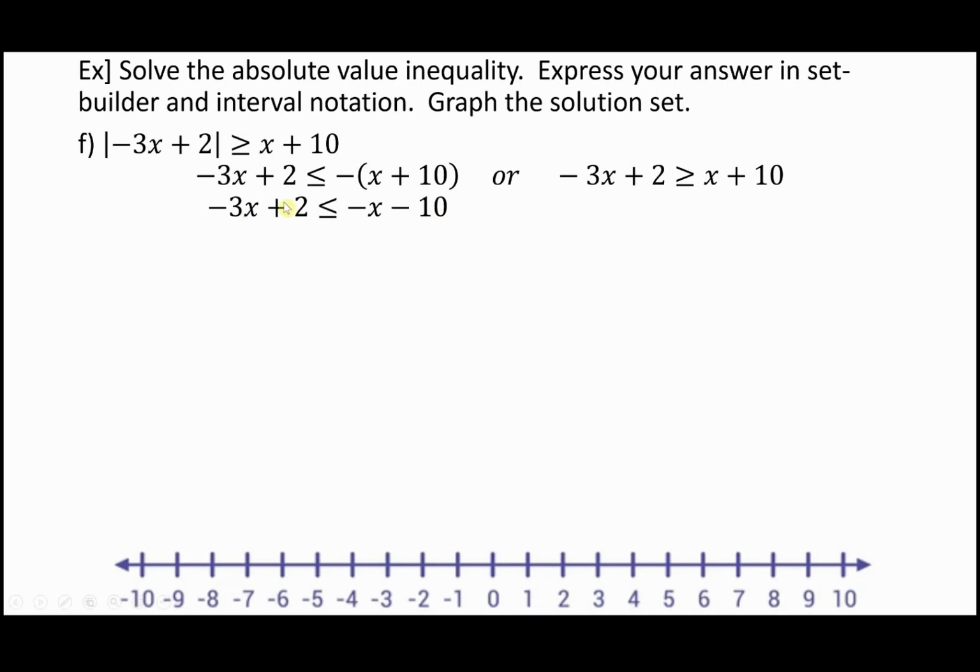So for this case on the left-hand side, we're going to start by adding 3x to both sides. I'm actually going to do the same thing over here as well, mostly because I want the variable part to have a positive coefficient, so I don't have to ever multiply or divide both sides of the inequality by a negative number, because I'd have to remember to switch the direction of the inequality if I did that.